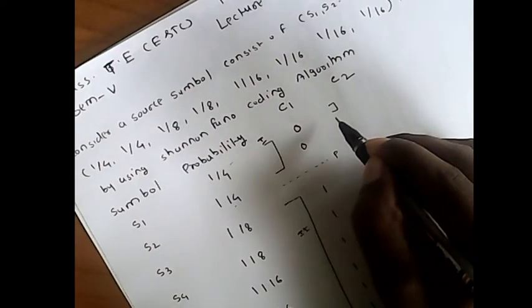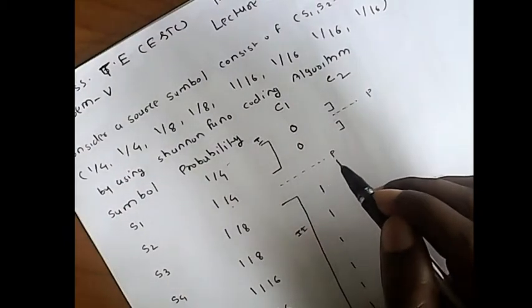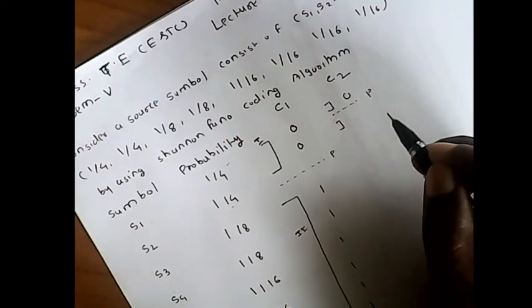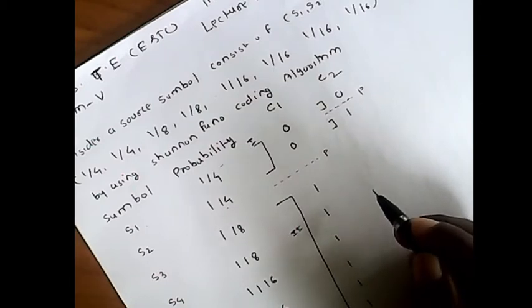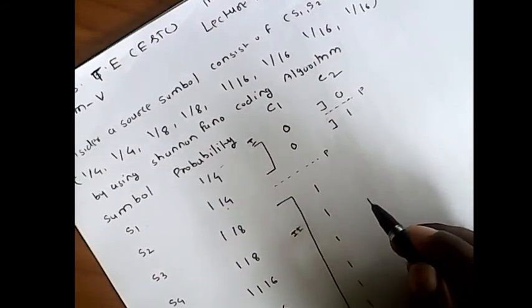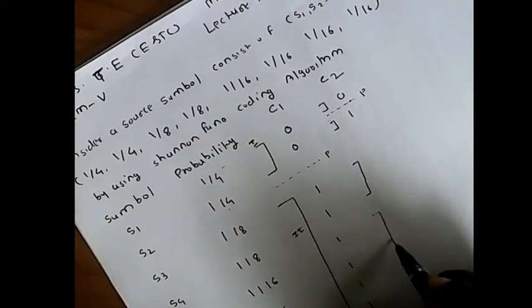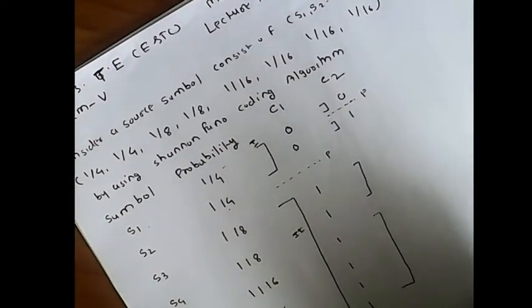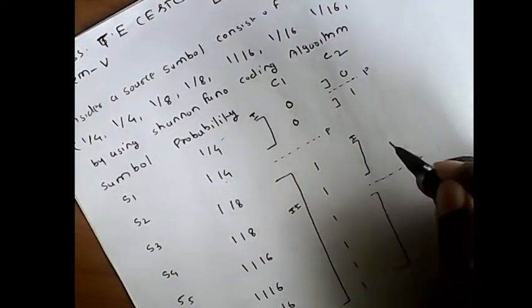S1 is one set, we take a partition here, and S2 is the second set.